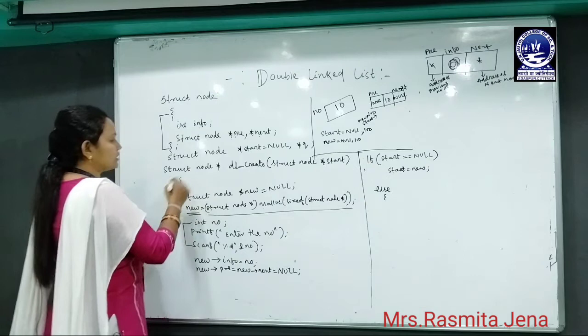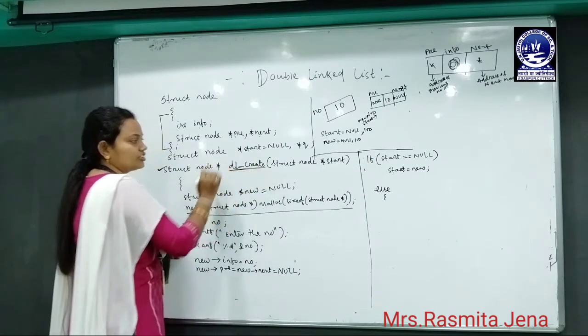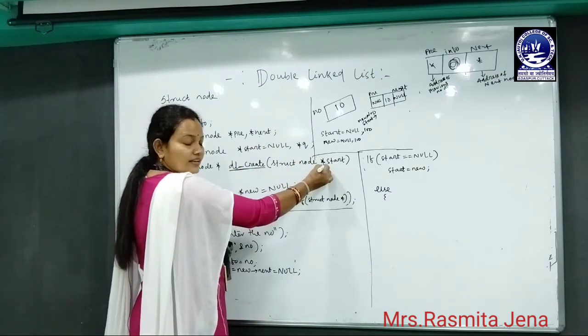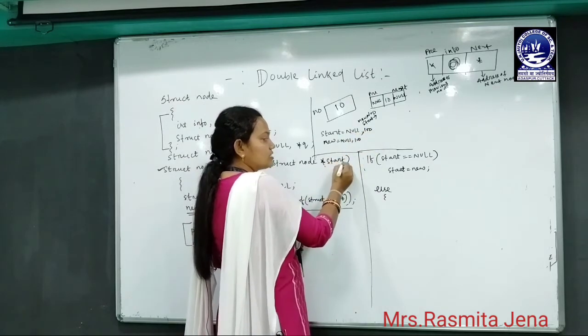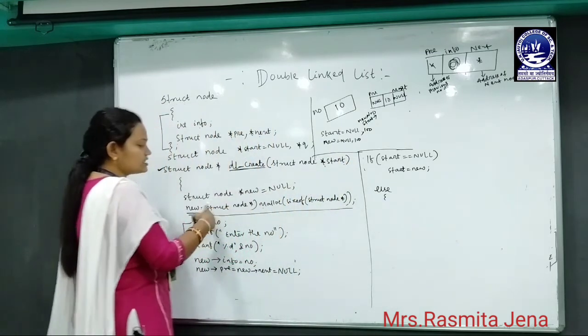When I call this function, again this function will receive the start node address. That means start became 100, so this will be received by the start pointer. Then it comes to this part again.